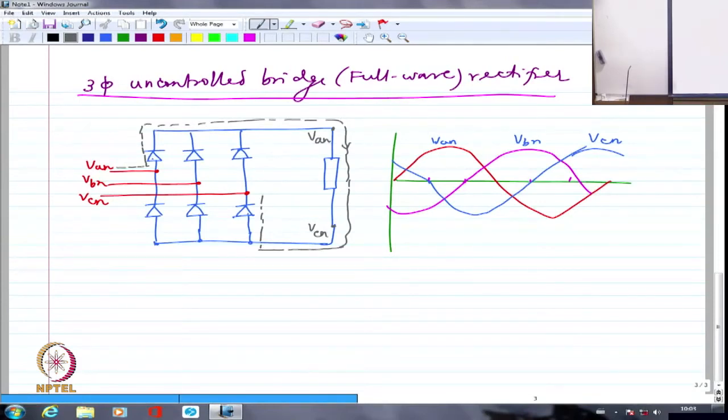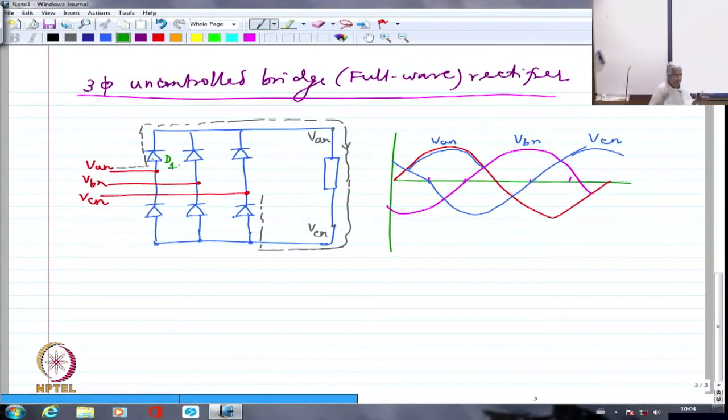So let us try to take a look at the conduction sequence. Whenever I am going to have this voltage VAN dominating over any other voltage, for that duration A phase positive device will conduct. Let me name this as D1.